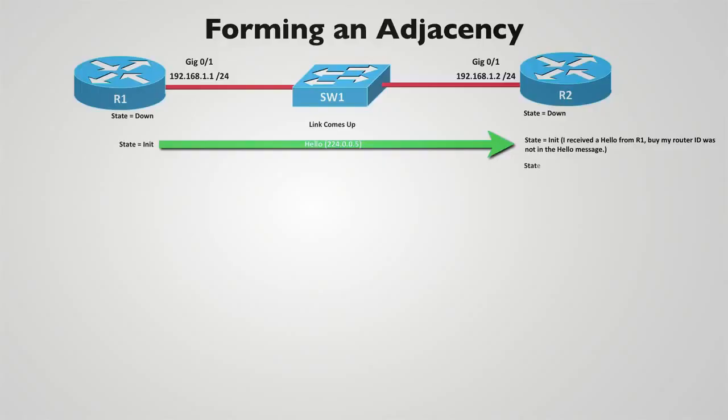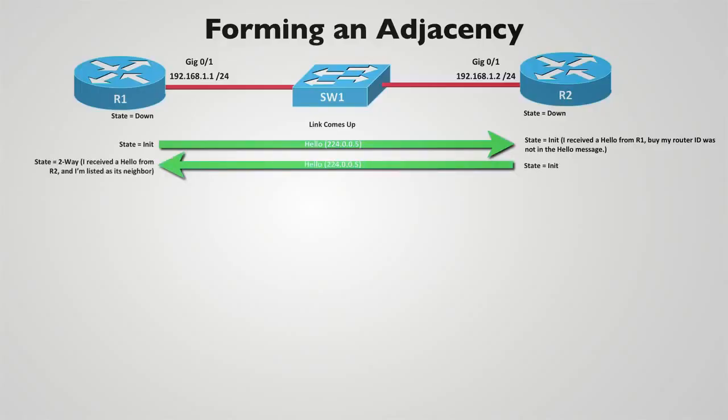Well, R2 is going to send a hello message back to R1, including its router ID, and including router R1's router ID that R2 just learned. So now R1 says, I received this hello message from R2, and it knows me. I'm listed as one of its neighbors. Now, this interface on R1 goes into the two-way state.